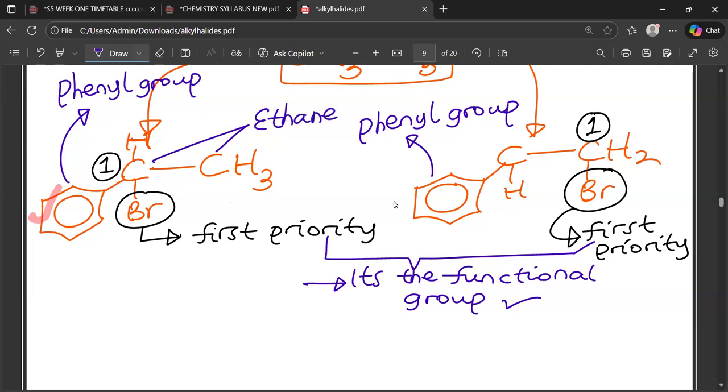Then also these 2 mean our parent is ethane. And you know that this one is also bromo. The 2 carbons mean ethane. We are having a phenyl group, a benzene ring as a side chain.